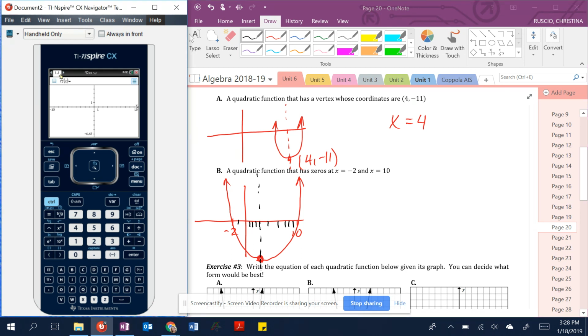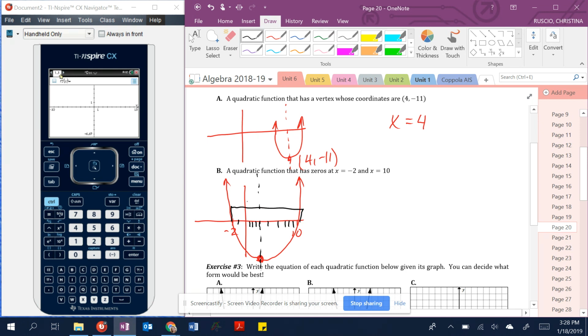So between 10 and -2 is 12 spaces, which means that there is 6 spaces over here and 6 spaces over there. 10 minus 6 is 4. So it's cutting the parabola in half, right at x equals 4.